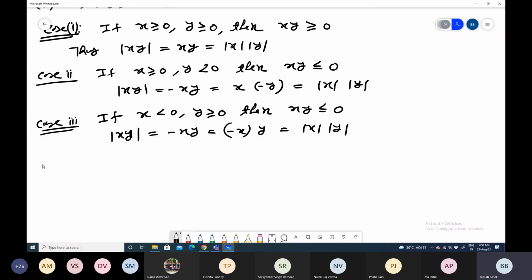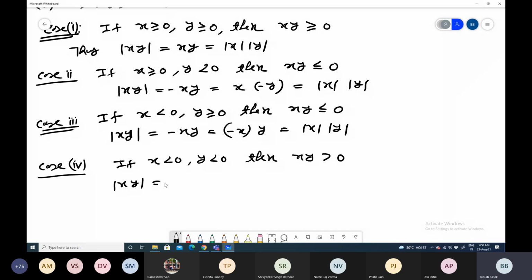And if we write case 4, if x less than 0, y less than 0, then xy is bigger than 0. So therefore mod of xy is just xy. It can be written as minus x minus y, that is mod x mod y.